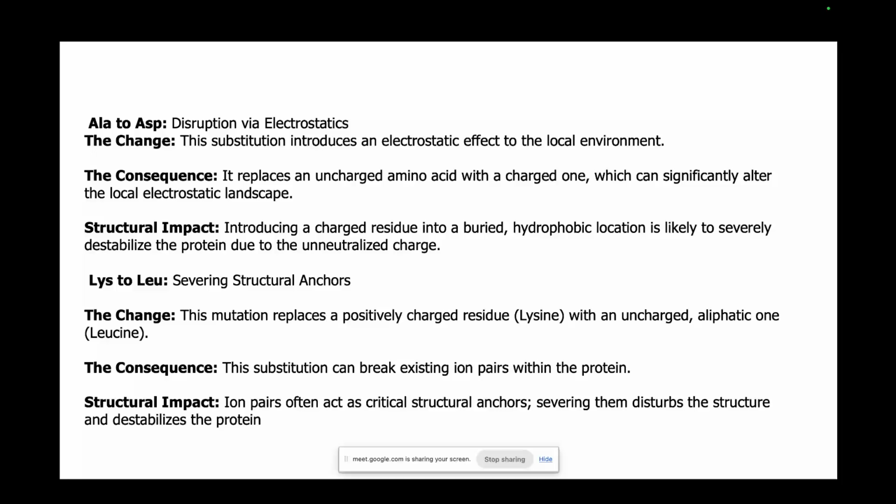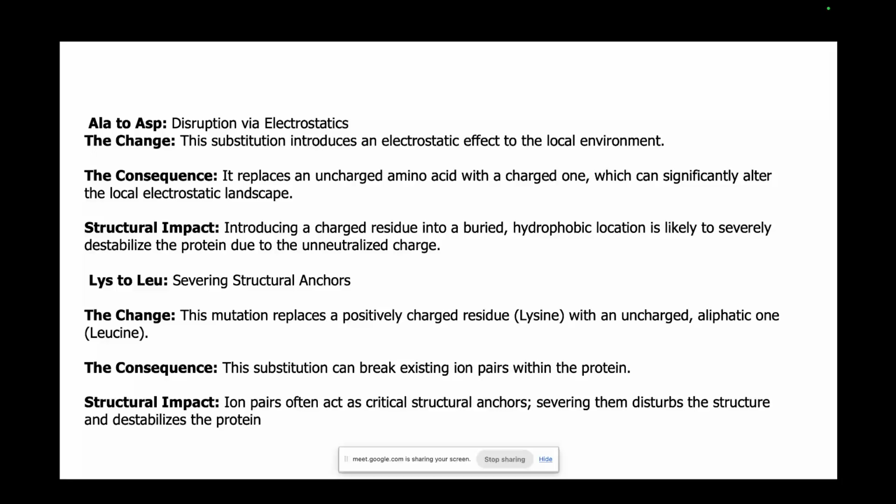If you are introducing a charged amino acid there, because of the charge present, the folding will not happen properly, or the amino acid won't be buried inside because it is charged, so by nature it would not behave like a hydrophobic residue, right? So in terms of space and in terms of charge, both disruptions can happen if you substitute a particular type of amino acid with another type.